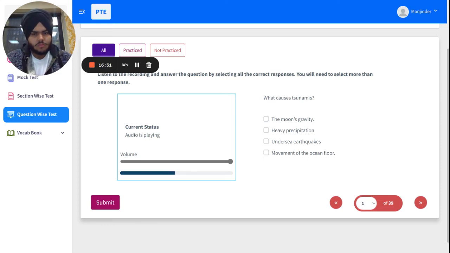Tsunamis work in complex ways. Some pounce on coastal settlements like large breakers. Others produce a gentle wave that floats buildings off their foundations. But then a violent backwash may sweep buildings and people out to sea. The tsunami that wrecked Hilo, Hawaii in 1946 was so forceful it folded parking meters.